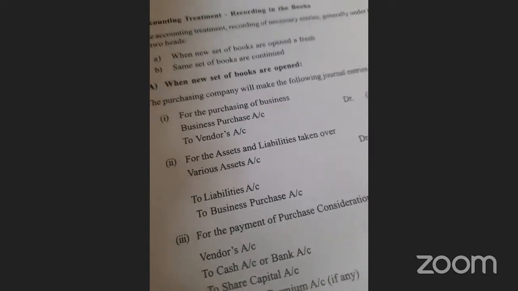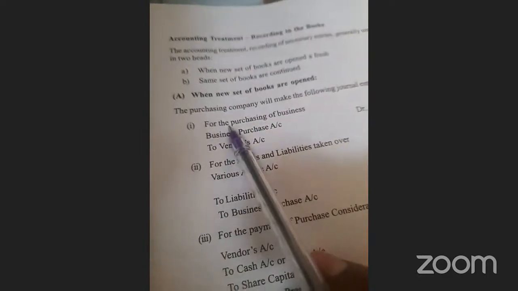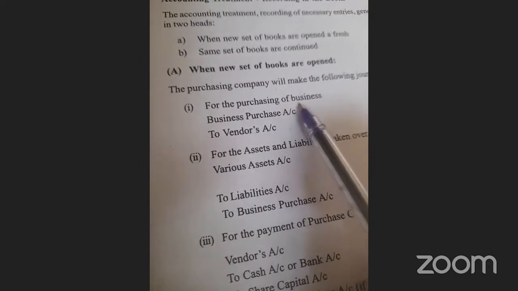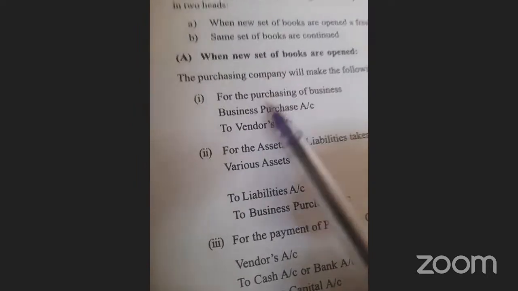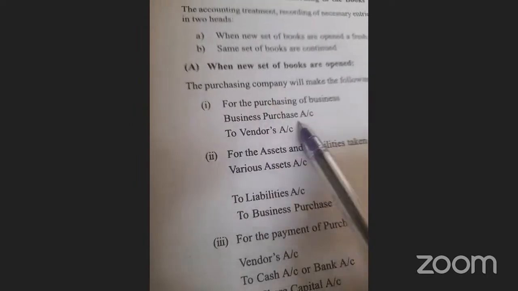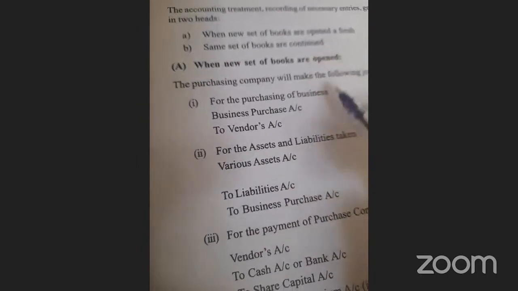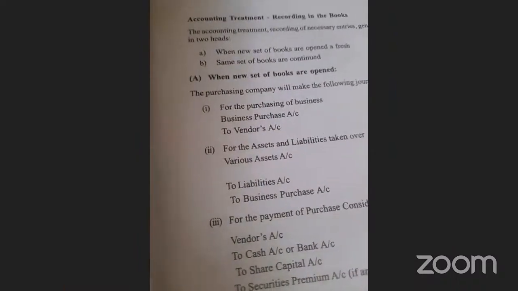What you are purchasing is the business of B. So, business purchase account debit to vendor's account, 9 lakhs, 9 lakhs. So the purchase price agreement is over. Then what is the next step? Taking over all the assets and liabilities. The vendor company agrees with 9 lakhs.